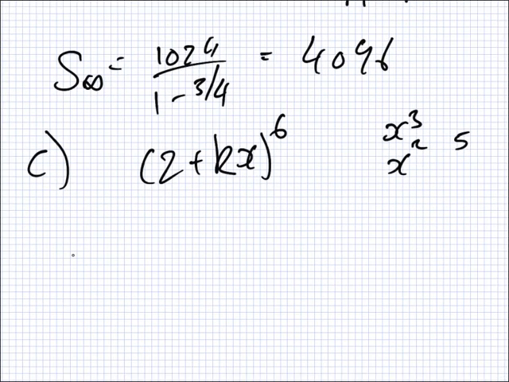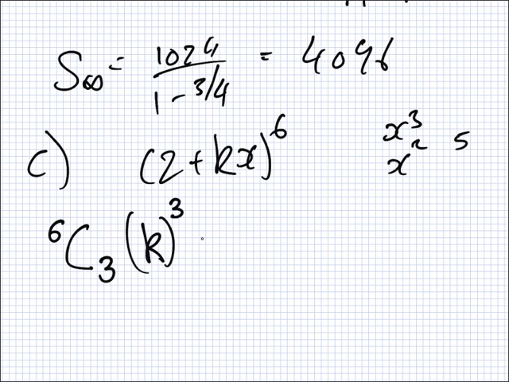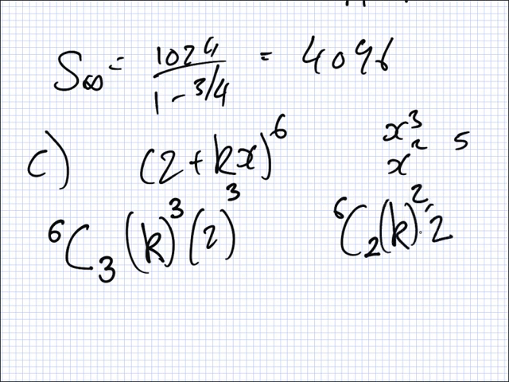The coefficient of x cubed would be 6C3 times k cubed times 2 cubed. We don't need to write the x because we're just looking at the coefficient. The coefficient of x squared will be 6C2 times k squared times 2 to the 4.